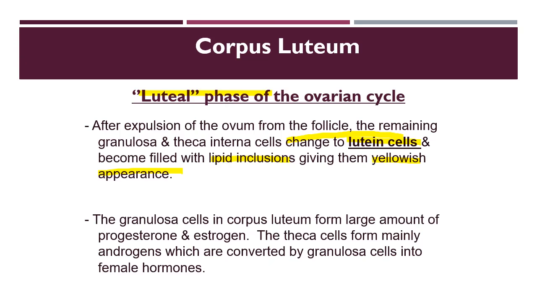So the granulosa cells in this corpus luteum structure will form large amounts of both progesterone and estrogen. However, the theca cells will mainly form androgens, which can be converted by the granulosa cells into female hormones or estrogen.